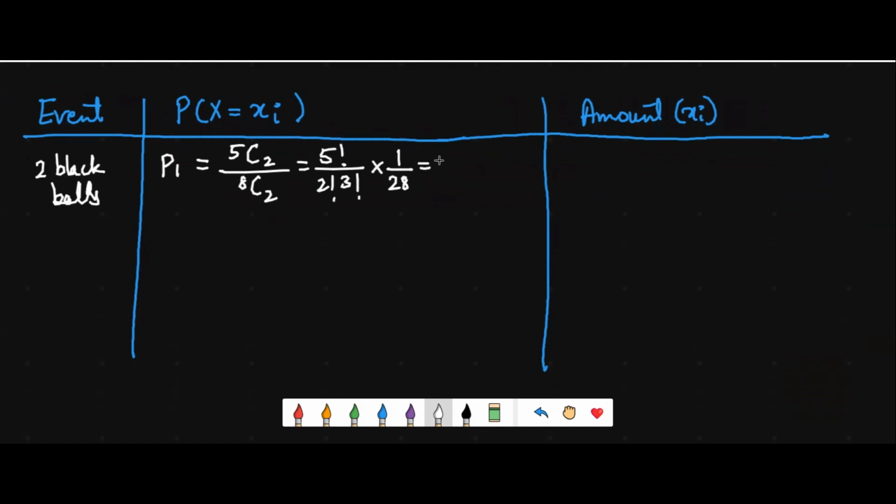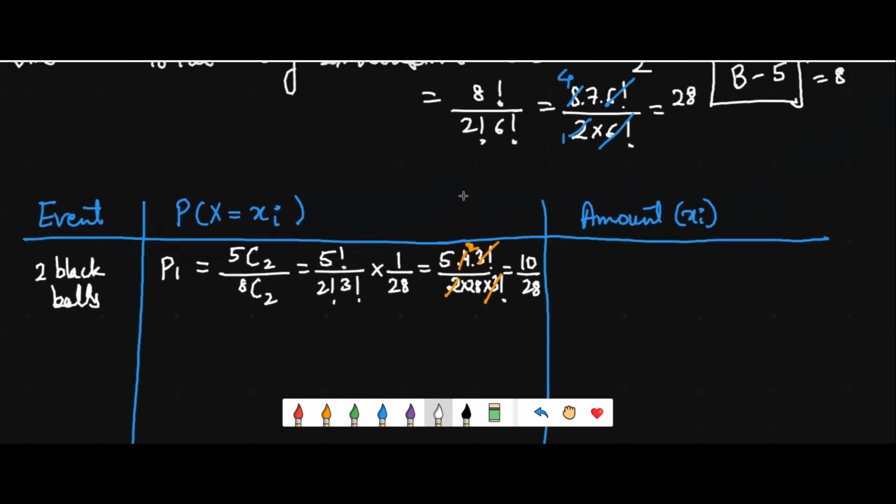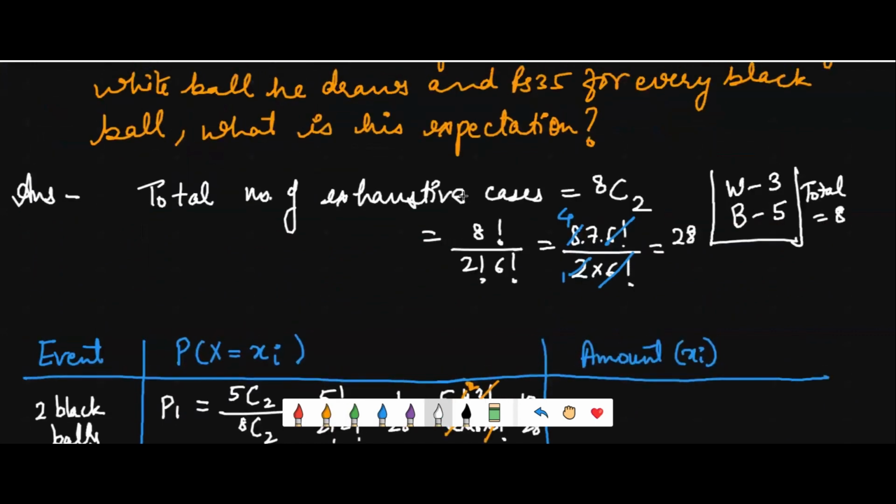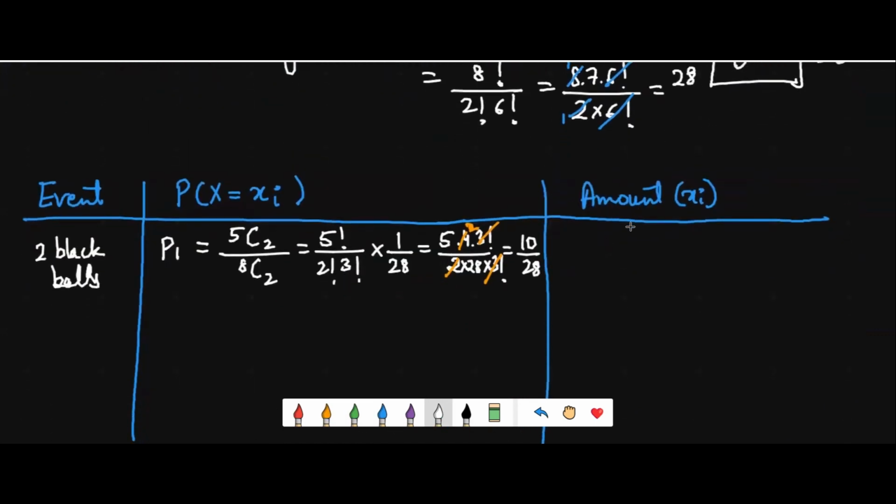So after solving this, this is 10 upon 28. Now, if I'm drawing both the black balls, and on each black ball I'm getting 35 rupees, so the amount that I'll be getting here would be 35 plus 35. That means 70 rupees I'm getting.